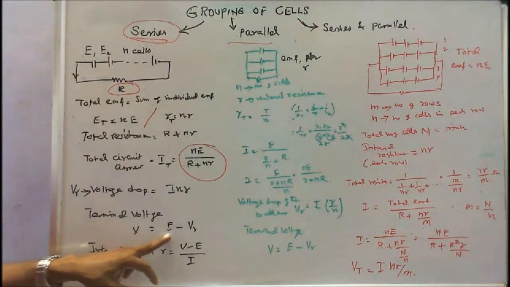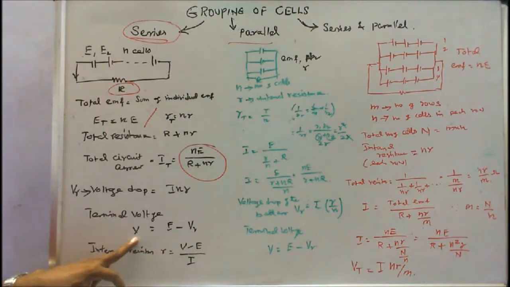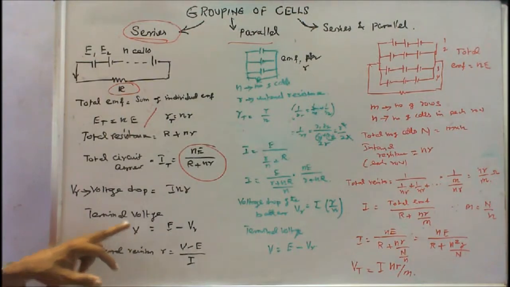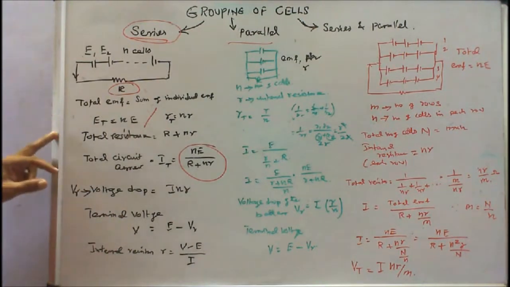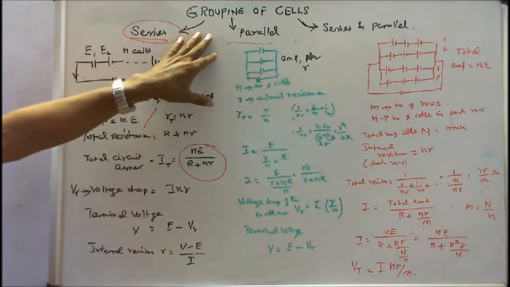Here, the EMF is always greater than the terminal voltage. If it is a 12 volt, we will get only 11 volt because of the voltage drop due to the internal resistance. We can also find the internal resistance r is equal to EMF minus terminal voltage divided by total current I.